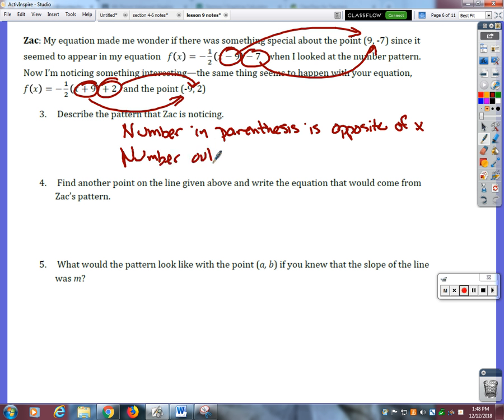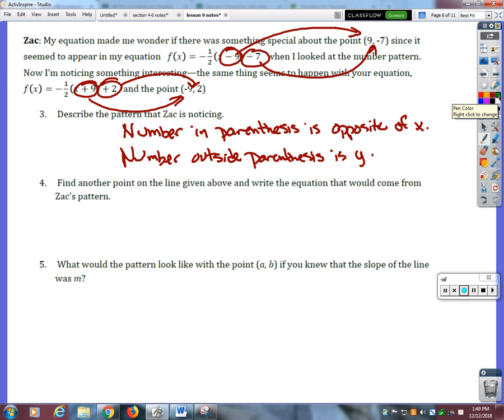The number outside parentheses is y. Thanks, Alexa. Okay, so that's where those numbers come from. And then the number in front we talked about before is the slope. All right? All right, so number 4 says, find another point on the line given above and write the equation that would come from Zach's pattern.